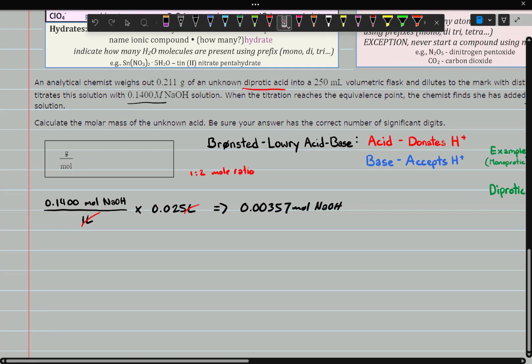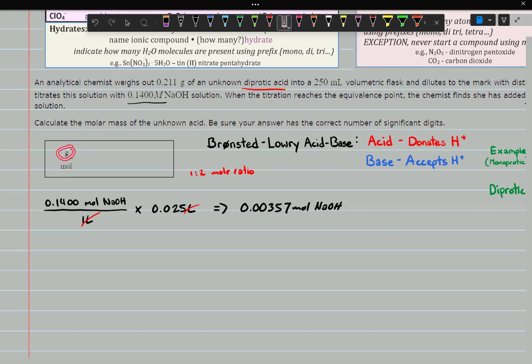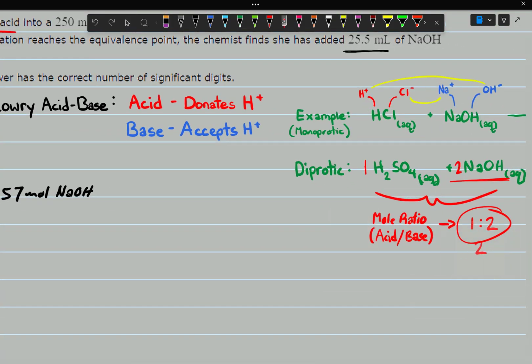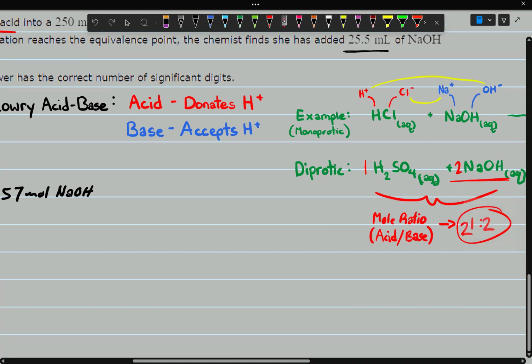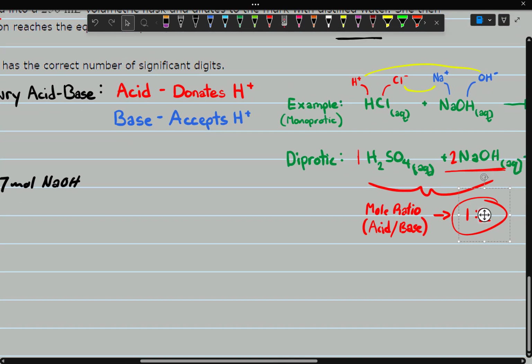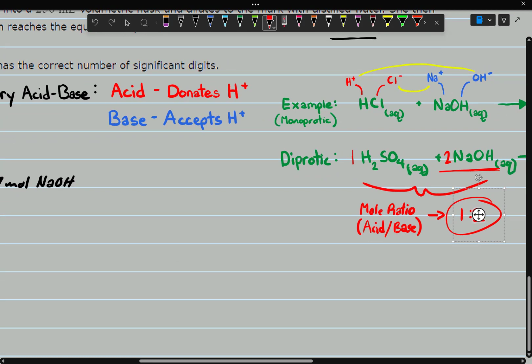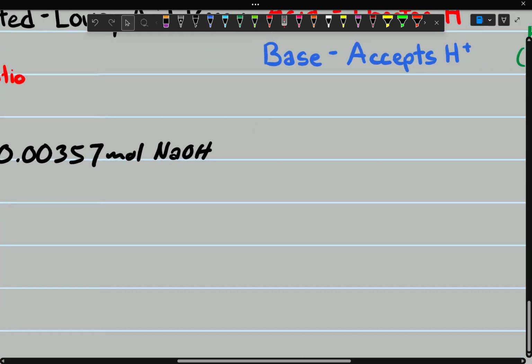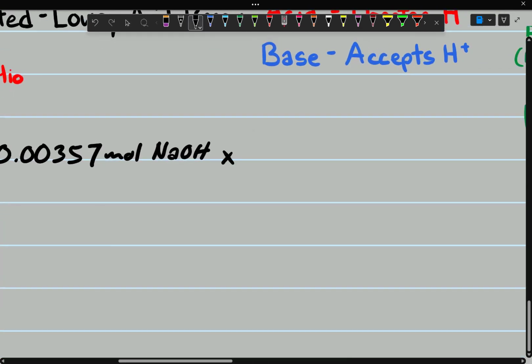Now remember what we're solving for. We're solving for molar mass. So if molar mass is grams of the acid for every 1 mole, and we're already given grams, all we need to do is find out how many moles of acid were used up. And we can pretty easily do that using this mole ratio that we derived down here. So we know that for every 1 mole of acid, we use up 2 moles of base. And so we can use that down here to find out how many moles of acid we have.